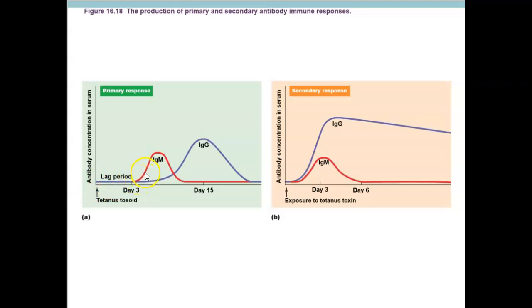What we see here is IgM, and then we also start to see a little bit slower and less of IgG. The IgM levels off and goes back down, and the IgG picks up, peaks at about 2 weeks, and then goes down, and there is almost none after that. So that is our primary response.